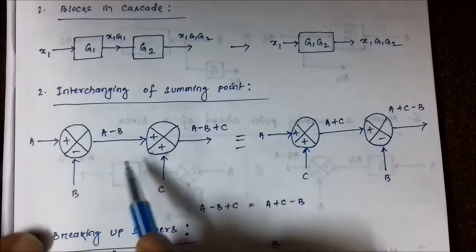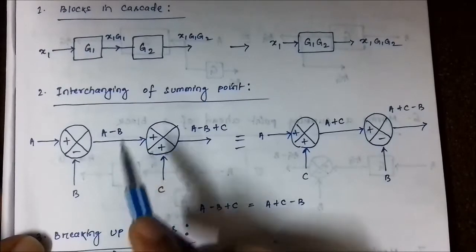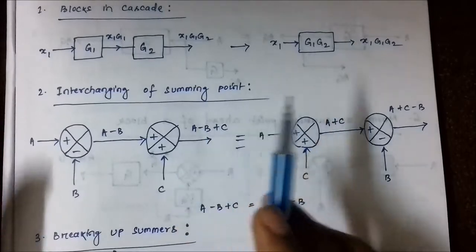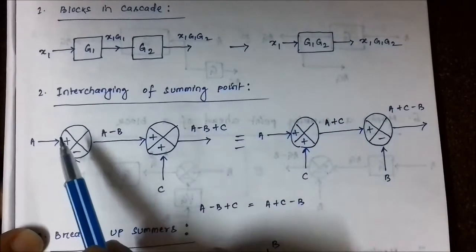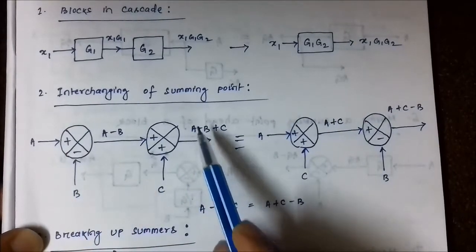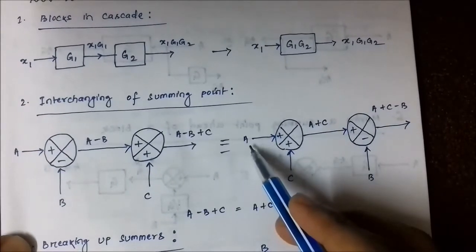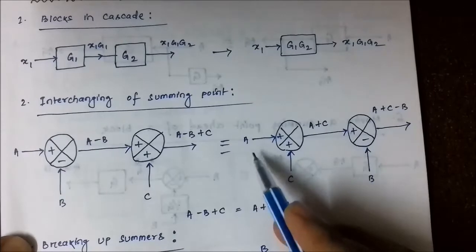So you are concerned with the output, because if you interchange the position of any block or any summing point, but you get a different output, it means it's wrong. So you are concerned that the output will always remain the same. So here when you change the position, let's say this block has come here.